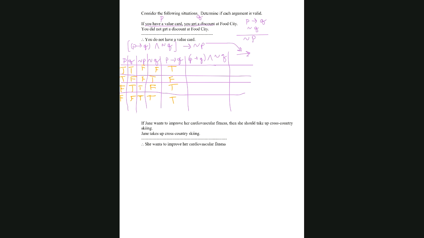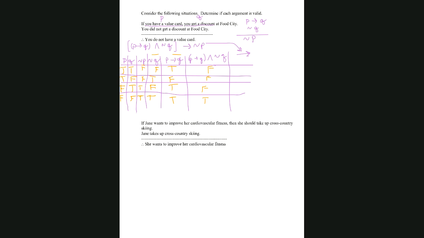Okay, now what I need is this column, if P then Q, and not Q. So I'm going to look at this column and this column. Remember, and means that in order to be true, they both have to be true. So false and true means false. False and true means false. False and true means false. And true and true means true. So false, false, false, true.